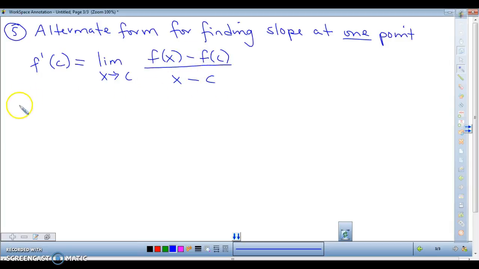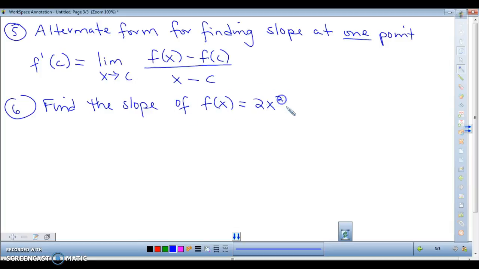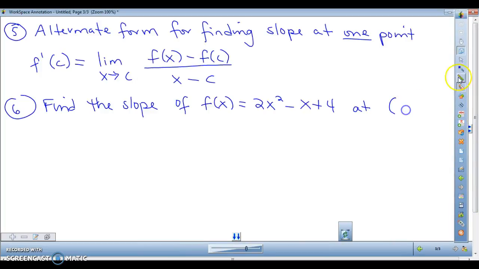Okay, so let me show you real quick how we use that formula. Let's say that we want to find the slope of the function f of x is equal to 2x squared minus x plus 4 at the ordered pair, not negative 2, I'm sorry, at 2, negative 3.